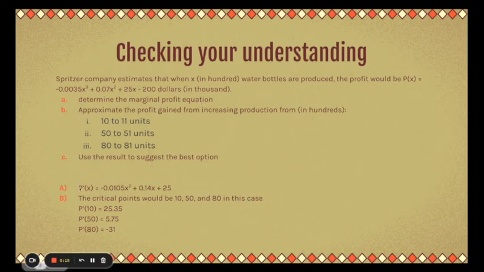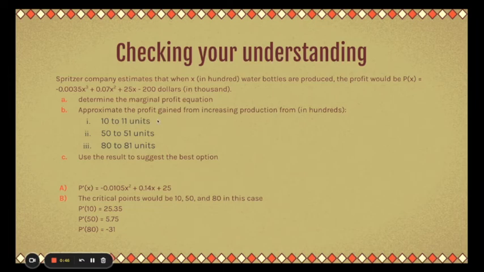This is pretty straightforward. We just derive the P(x) equation, which will give us negative 0.0105x to the power of 2 plus 0.14x plus 25. Next, approximate the profit gain from increasing production from 10 to 11 units, 50 to 51 units, and 80 to 81 units.